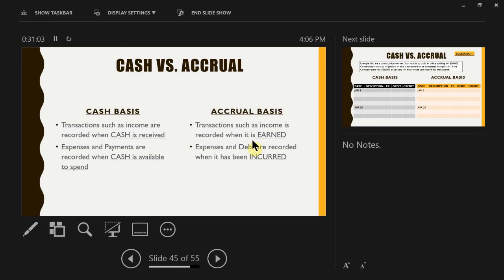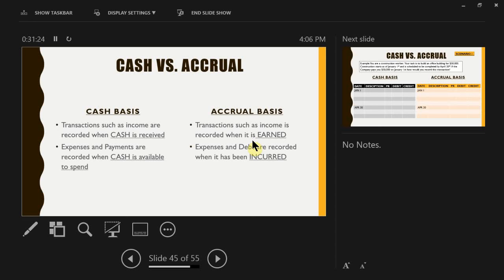Whereas on the accrual basis, you're going to record a revenue when the transaction has occurred, or in this case, when you've earned it, right? Regardless of whether you received cash or not. It doesn't matter. You sold the product, boom, you earned the revenue.